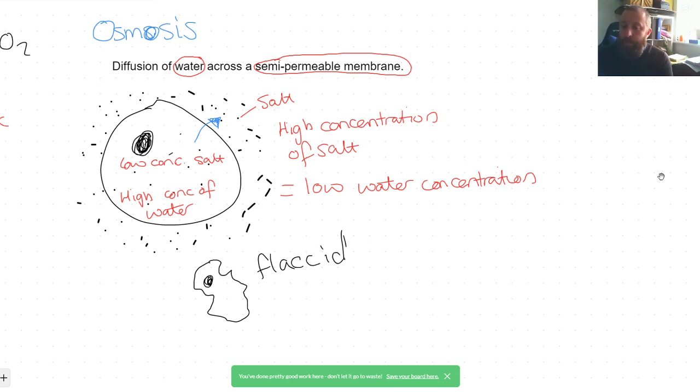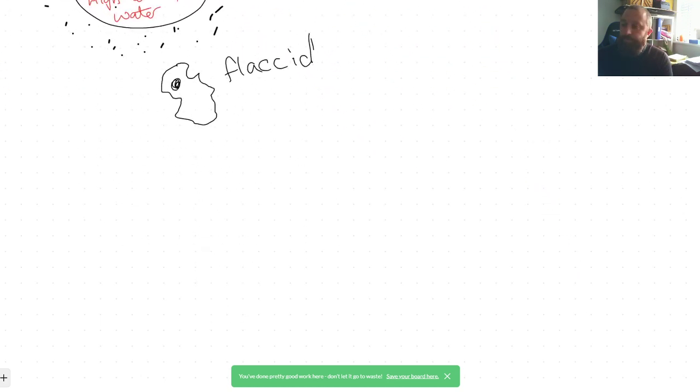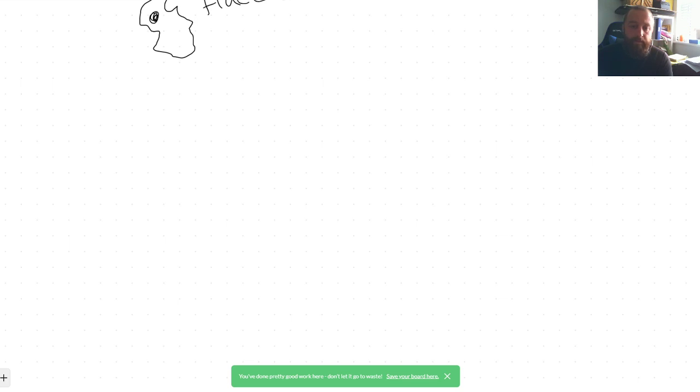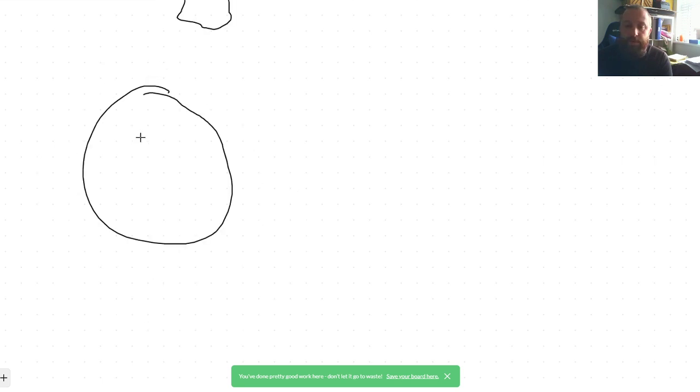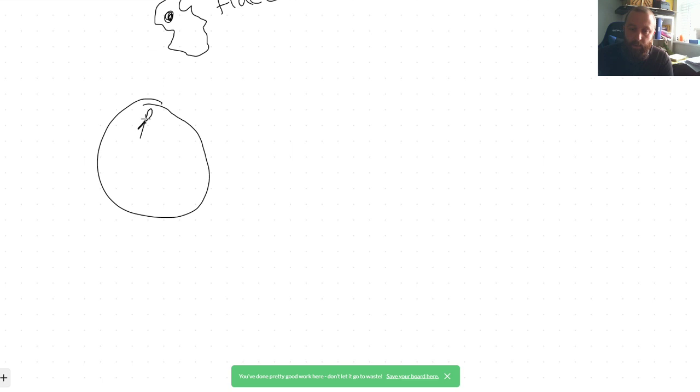If we have the opposite of this, we're going to have our nucleus, we'll do loads inside, and only a few on the outside.